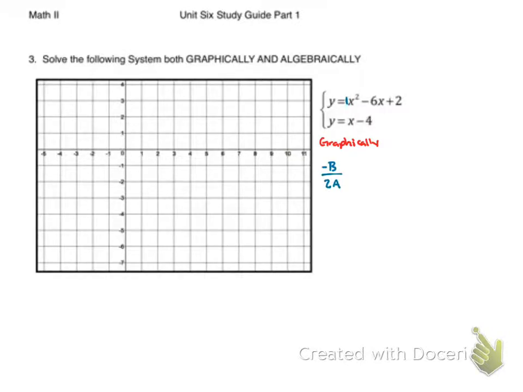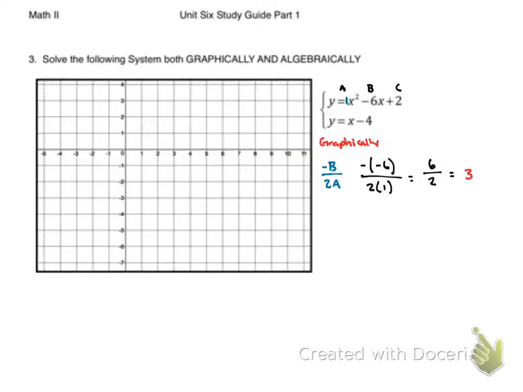So negative b, B is negative 6, and this is A, this is B, this is C, all divided by 2 times A, which is 1. Simplifying, negative 6 times negative is a positive 6, 6 over 2. So we're looking at 3 for the x value of the vertex.